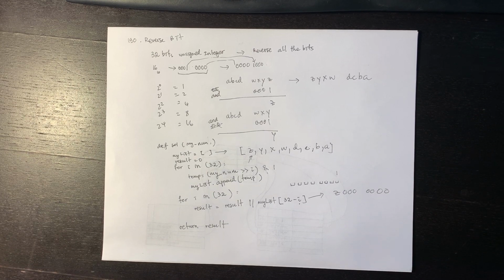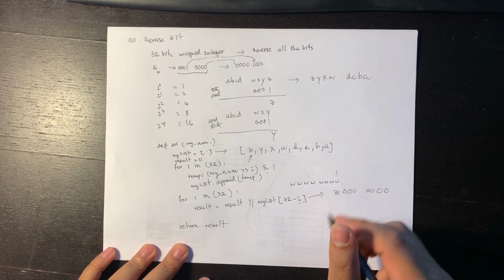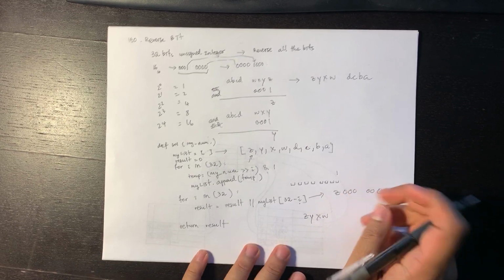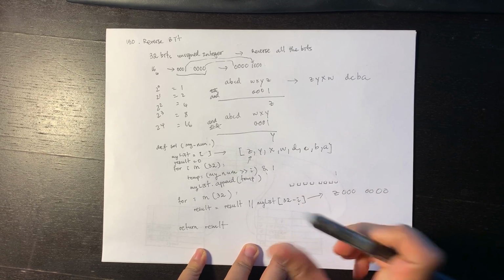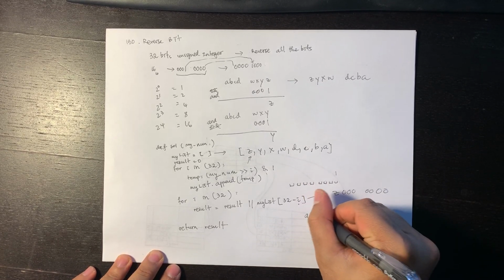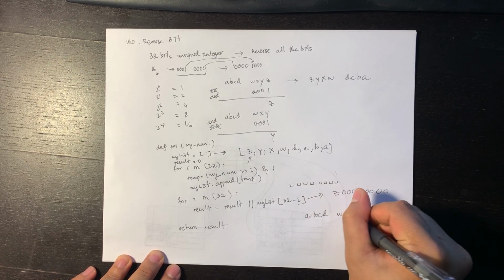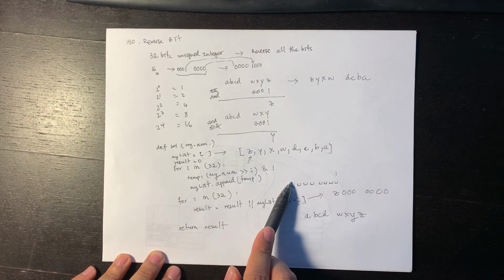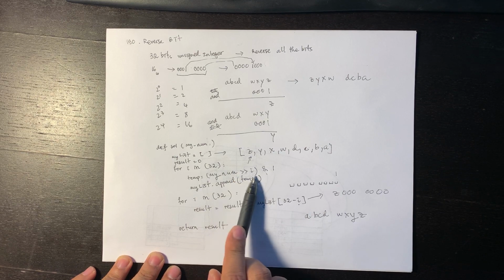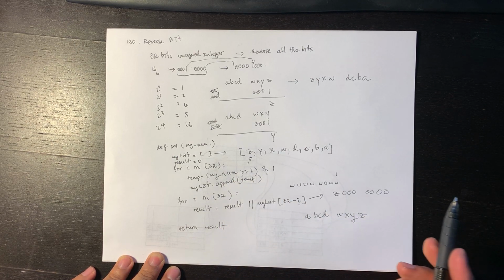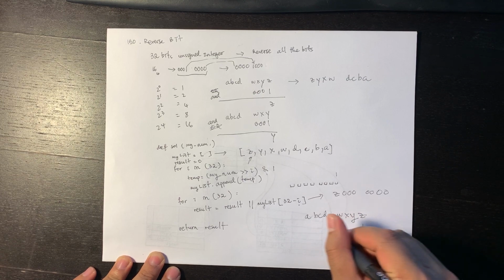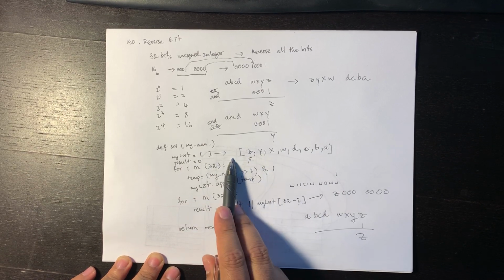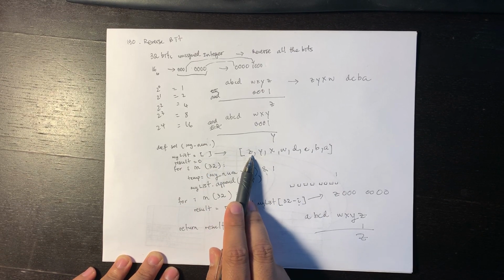Let's walk through an example. The example was A, B, C, D, W, X, Y, Z. For this, it will shift my num, i would be 0, and then it would AND with 1, so I will get Z, and I will append Z into the list. The list is empty, so Z is at the front.